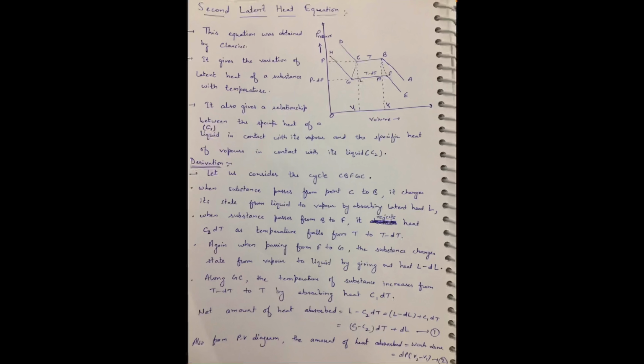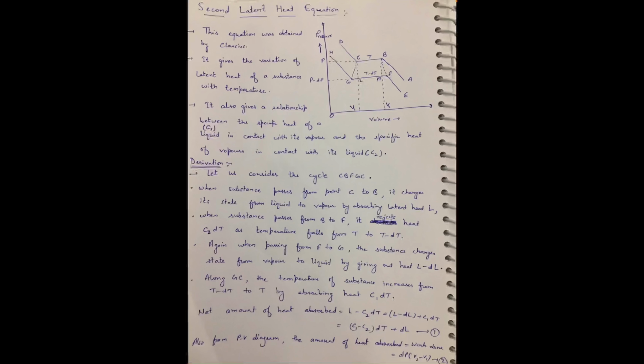When the substance passes from B to F adiabatically, then clearly we can see that the temperature of the substance falls by an amount dT, but the state of the substance remains the same, because at B and at F the substance is in vapor state. So the phase of the substance is not changing when we go from B to F, but the temperature changes by an amount dT, because at point B the temperature is T and at point F the temperature is T minus dT.